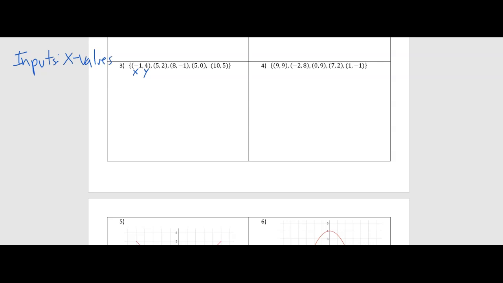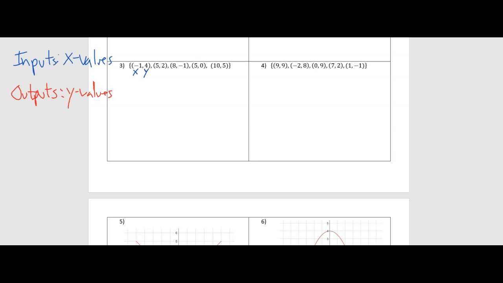Those are the domain. And the outputs represent the y values. So think about that as you try to determine, is there an input with multiple outputs?